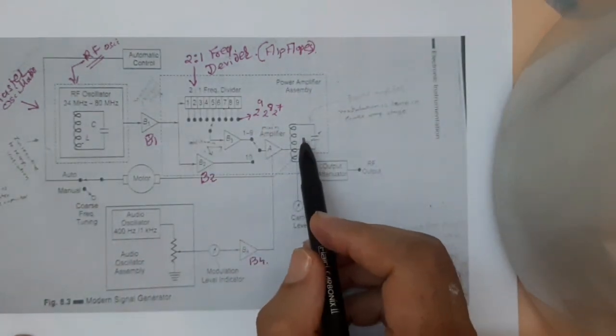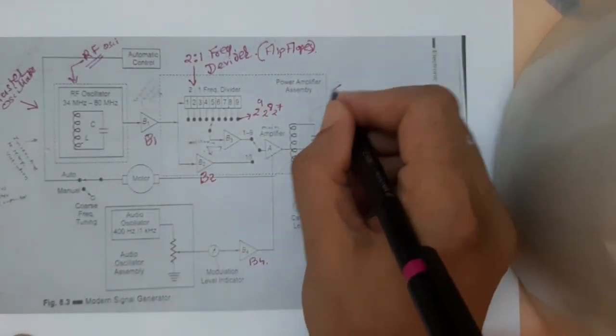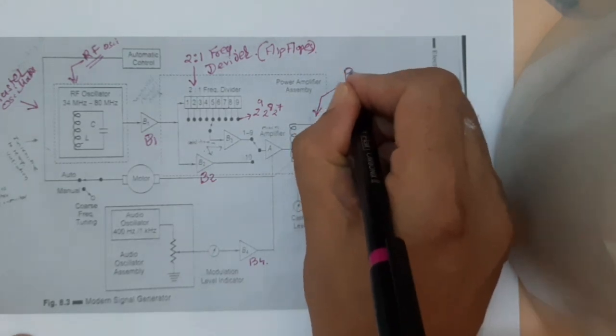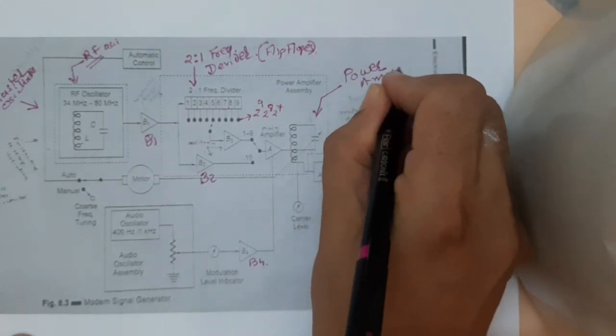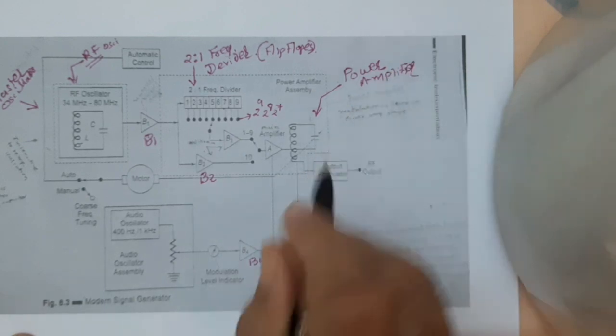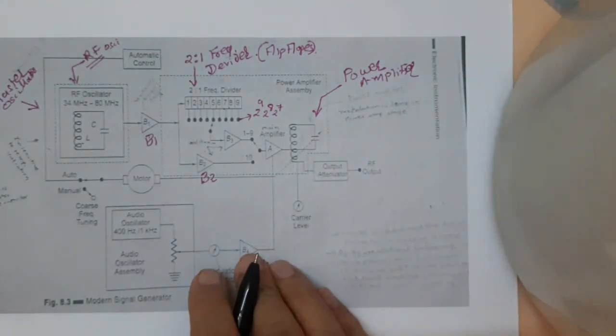Then what is this? This is our power amplifier. The function is that modulation is done in the power amplifier stage.